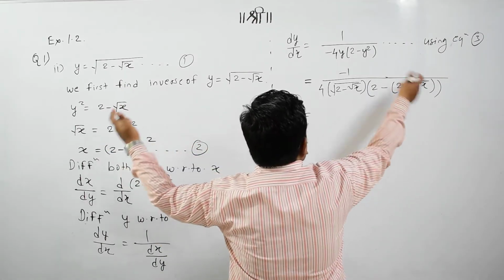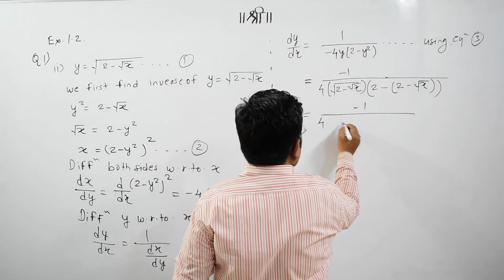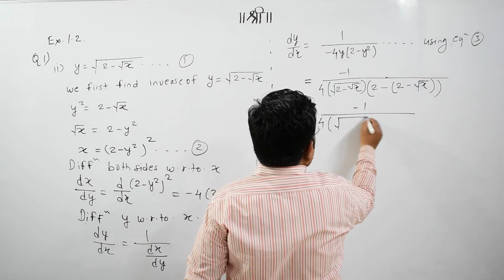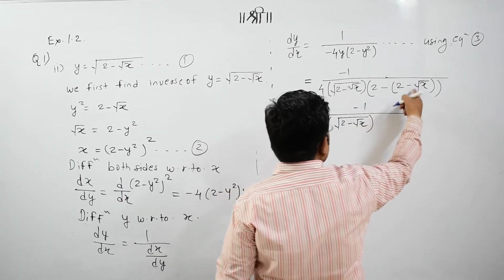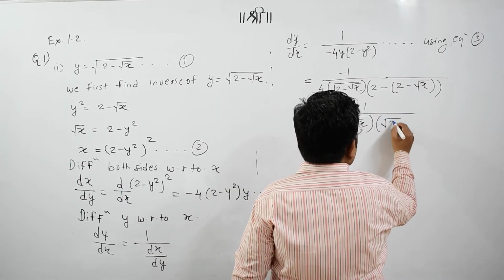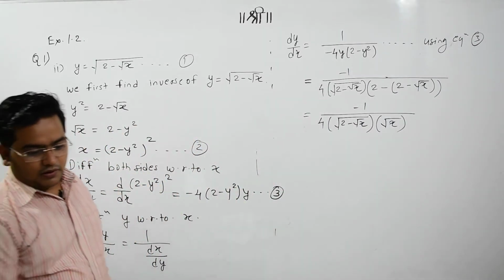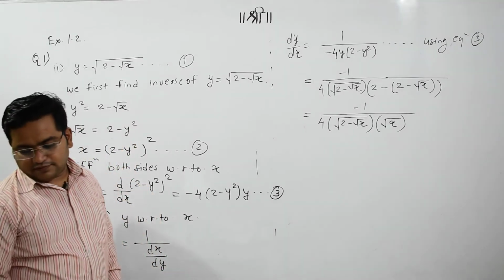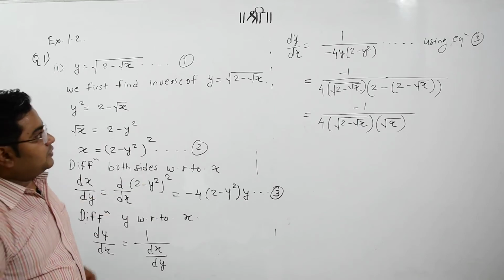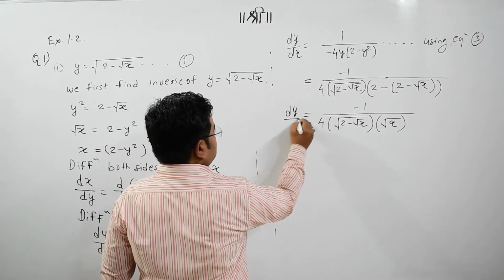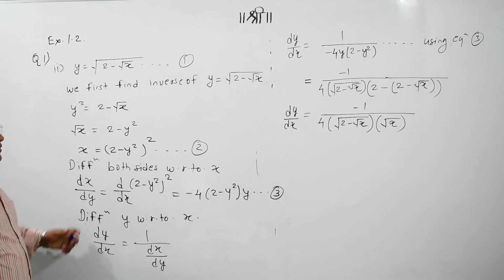Next step, minus 1 divided by 4 into root of 2 minus root of x into, this bracket will open and this minus sign will get cancelled, so this will be root of x only. Check the answer. Our answer is correct. So we found the answer, and therefore this is dy upon dx of this given function by using the inverse process.